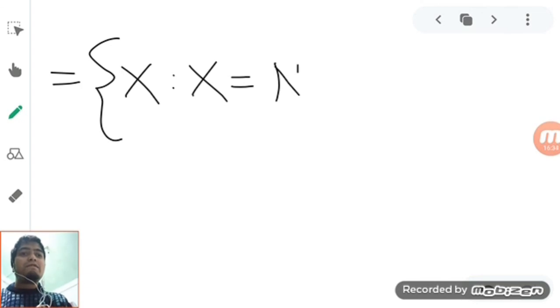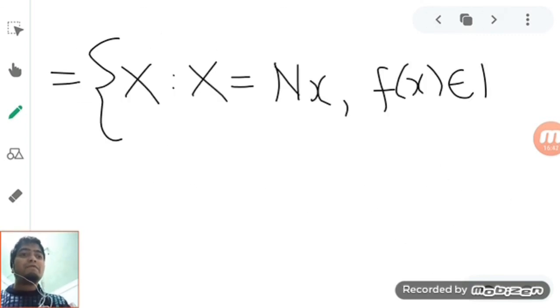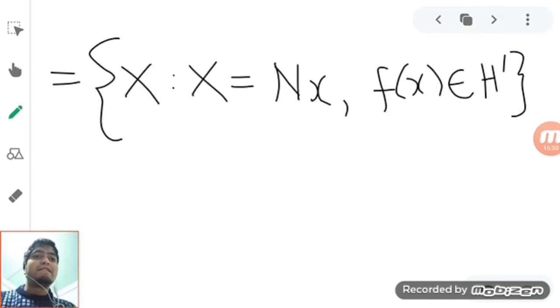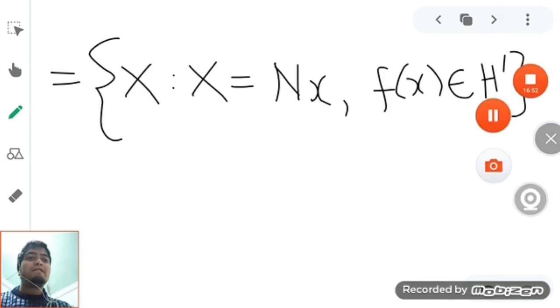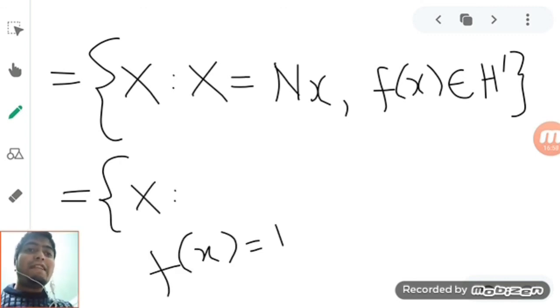So nx, where f(x) belongs to H dash. X belongs to the pre-image of H dash, so f(x) will be in H dash. So we are having this, but if you look at the definition of f, remember f(x) is equal to nx, right? f(x) is equal to nx from the definition of f.